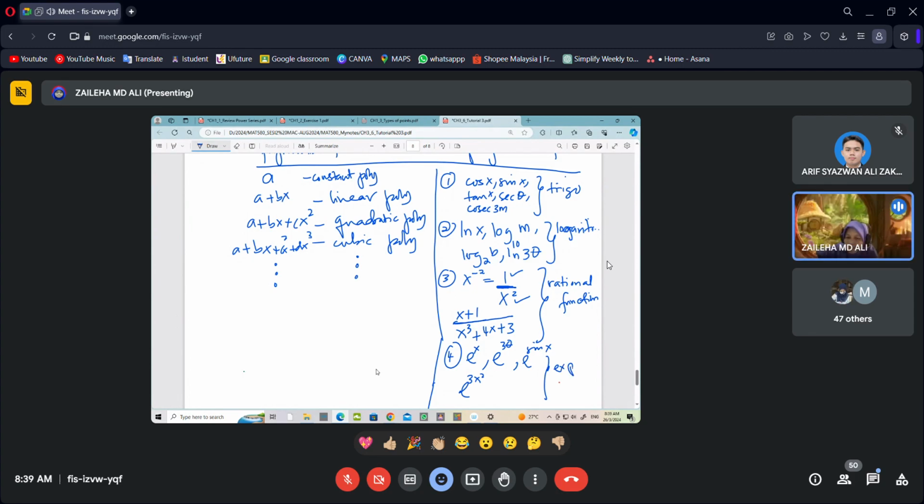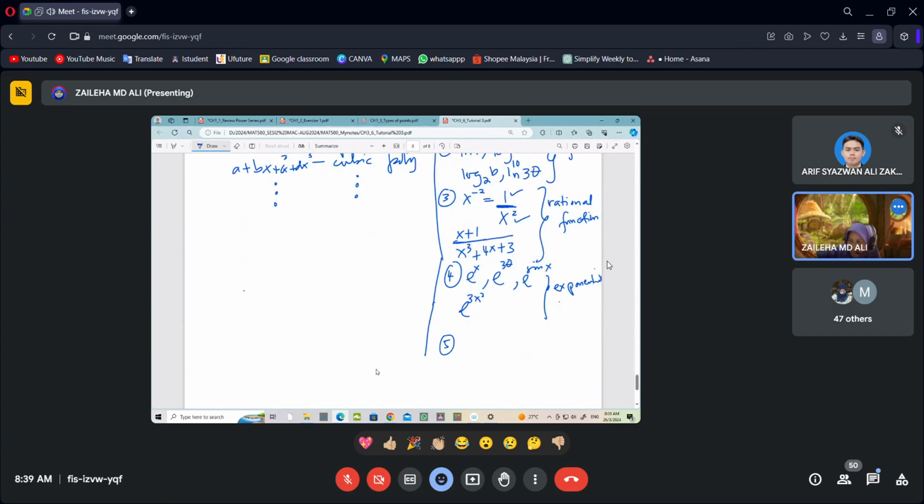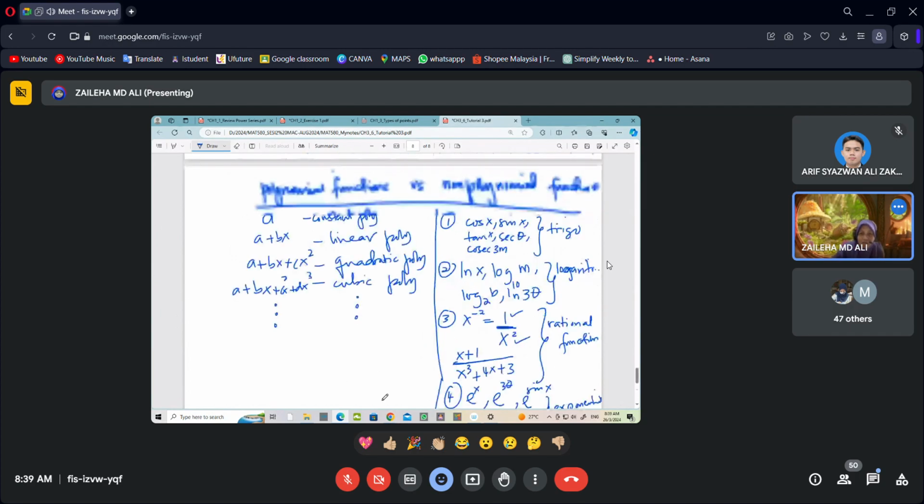Exponential. Ni keluarga exponential. Exponential function. Lagi? Inverse function, hyperbolic, trigonometric function, dan it goes on. Ada banyak list ya. Saya tak nak sebutlah, nanti Irfan carilah.